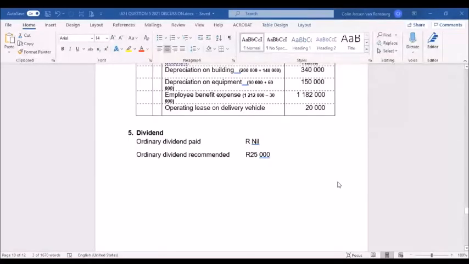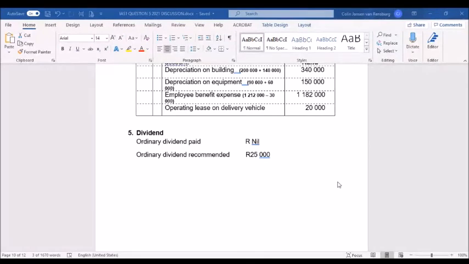Okay, in the case of this particular question, ladies and gentlemen, we know that the dividend was declared. Now, when it comes to dividends, there are actually three stages to a dividend. The first stage is where the directors recommend a certain dividend, right? They recommend that this is an appropriate dividend to be declared, but the directors do not declare the dividends.